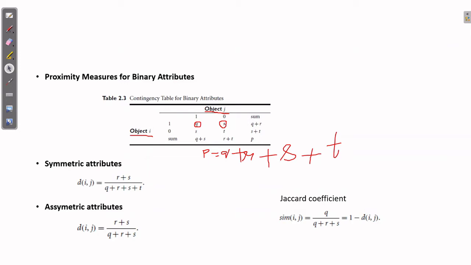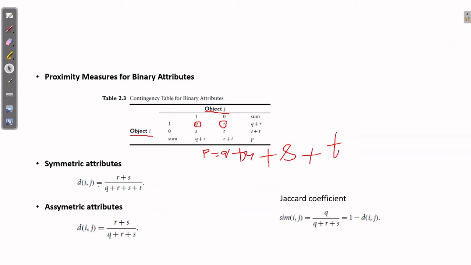That is R. Similarly, another dissimilar value is S, because object I has 0 and object J has 1. For the other two, that is 1 1 and 0 0, they are the same, right? So we do not take them. Okay. So the distance between those objects is R plus S divided by Q plus R plus S plus T, or R plus S divided by P. That is our dissimilarity measure between the two objects.